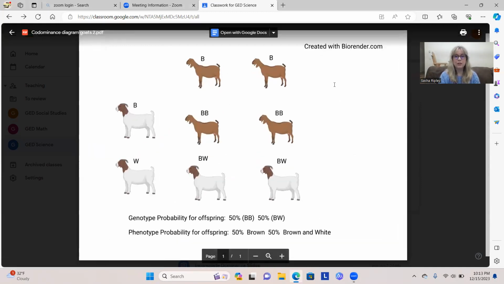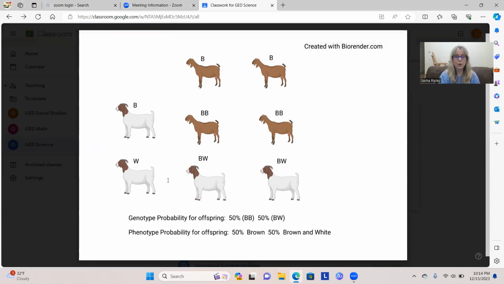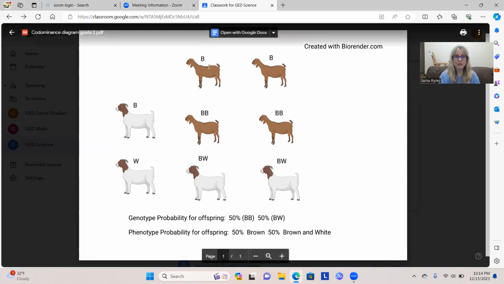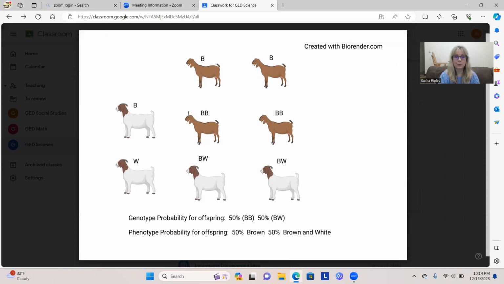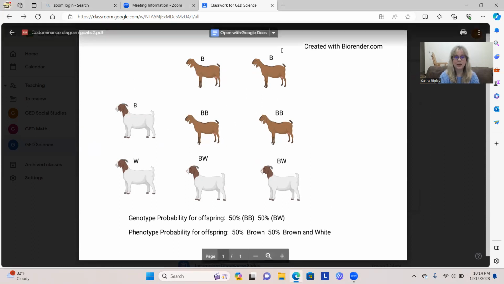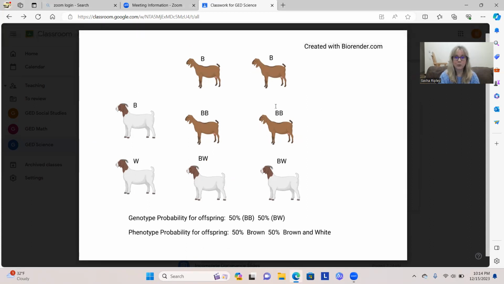Okay, so this Punnett square, I have a brown goat up here. I have a brown and white goat parent over here. So I'm going to get a B allele here, a B allele here. The first offspring will have two B alleles. A B allele here, a B allele here. The second offspring also two B alleles.